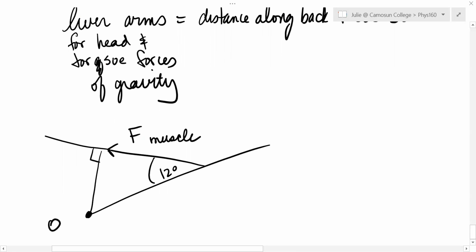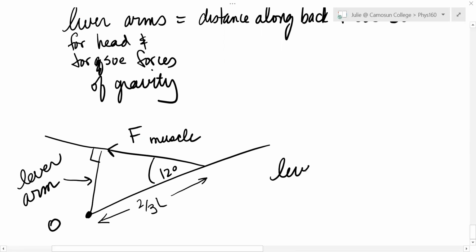This is the distance along your back. This would be the 2/3 of L. Yep, 2/3 of L. Remember, the distance along your body is always the hypotenuse. This is the lever arm for that muscle. And because it's opposite 12 degrees, the lever arm here would be 2/3 L times sine of 12 degrees.